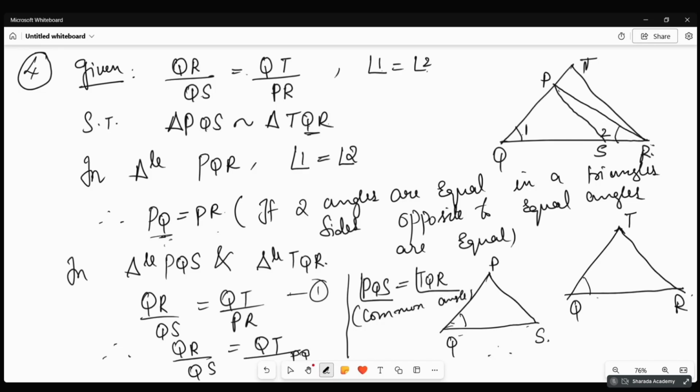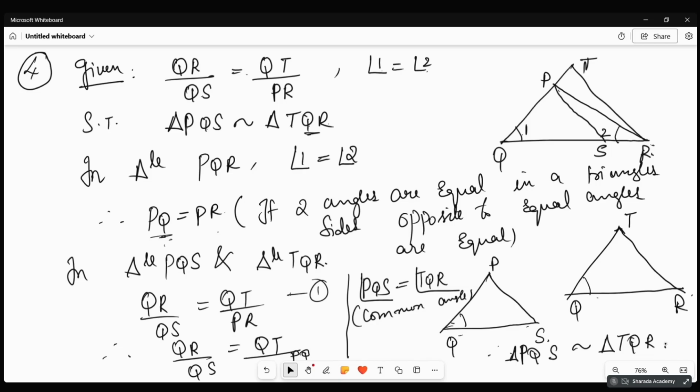Therefore, triangle PQS is similar to triangle TQR. Since we know that PQ is equal to PR, instead of PR I will put PQ. Now two sides proportional I will get, and one common included angle is common for both, so they are also equal. By SAS criterion, I can say the two triangles are similar.